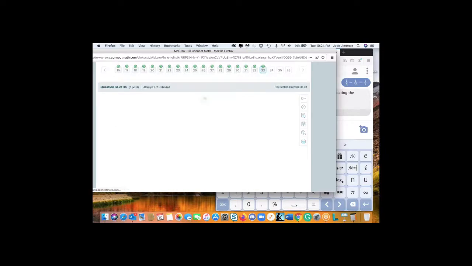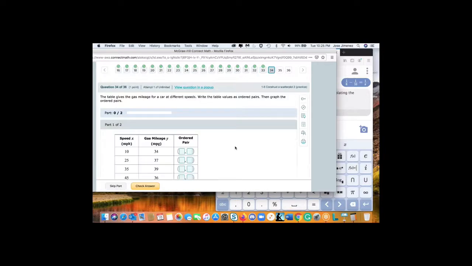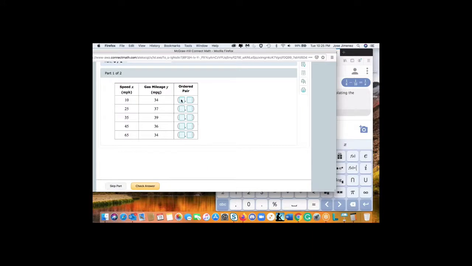34. This problem we just repeat the same numbers. 10, 34, 25, 37, 35, 39, 45, 36, 65, and 34.